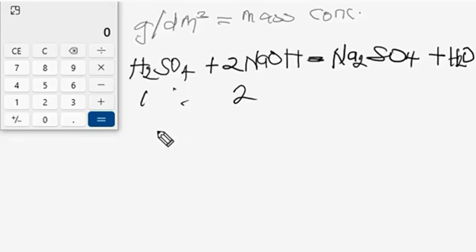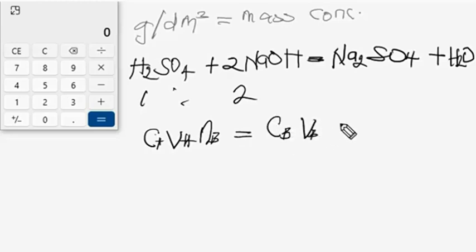So let's go ahead and involve this equation. The general equation we already know, CA, that's the concentration of acid, times VA, that's volume of acid, times number of moles of base, that's NB, is equal to CB, that's concentration of base, times VB, that's volume of base, times NA, that's number of moles of acid.